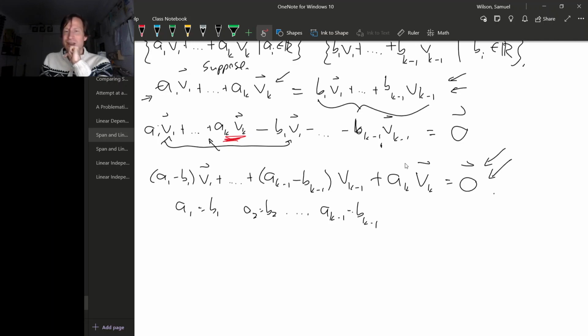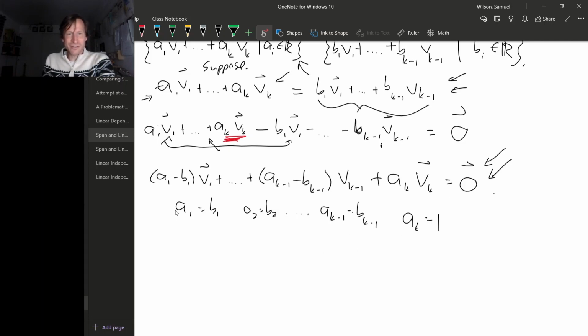But we could choose any vector out of this collection. In particular, we could choose the vector where a sub k is 1. And this gives us a non-trivial solution.